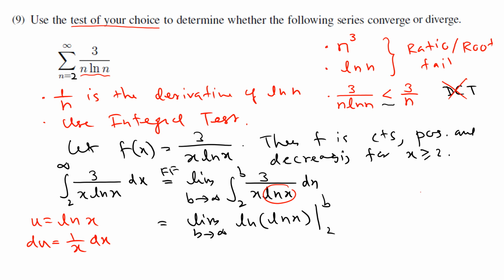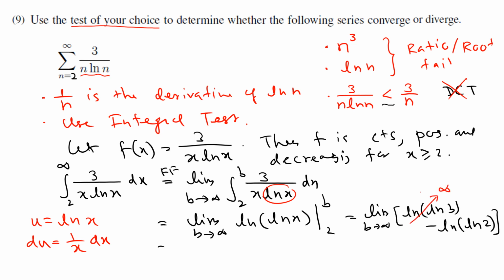So we have the limit as b goes to infinity of ln ln b minus ln ln 2. ln ln 2 is just a number, so this term goes to infinity. So that means this is infinity.